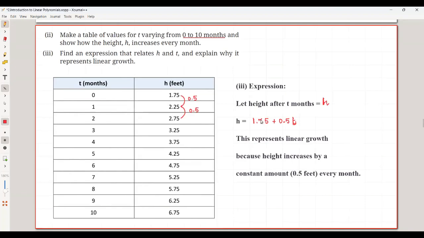As we discussed the definition, what is linear growth? It grows continuously by the same constant amount. Here it is increasing by the same amount, 0.5, 0.5. Therefore, this comes under linear growth.